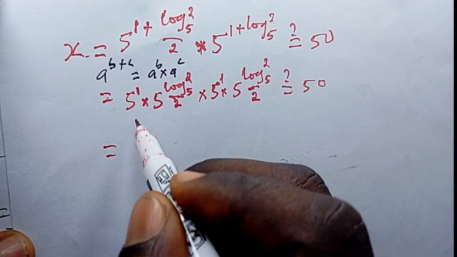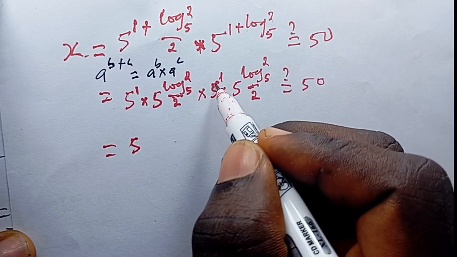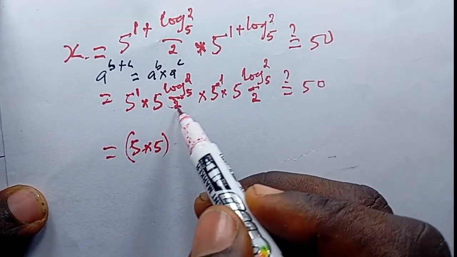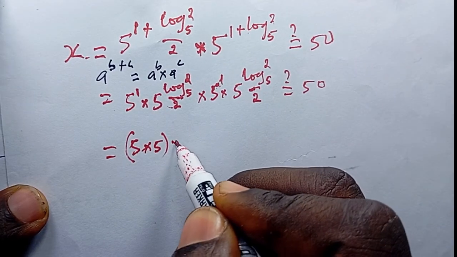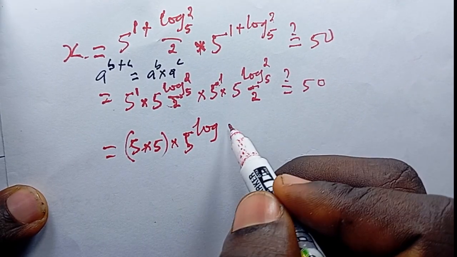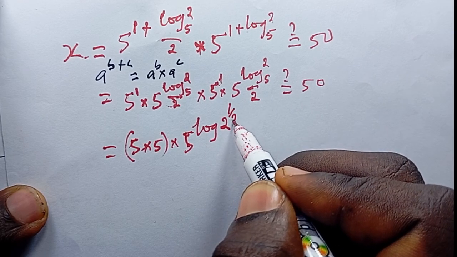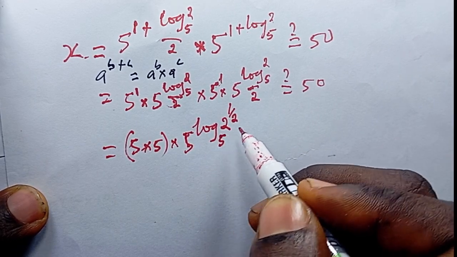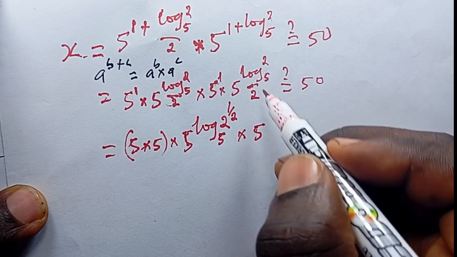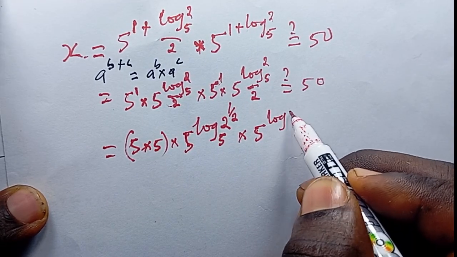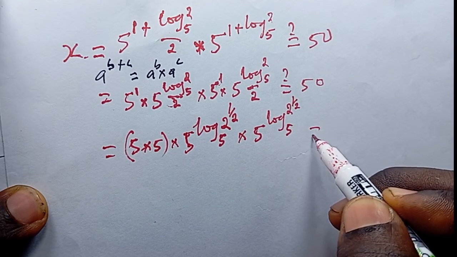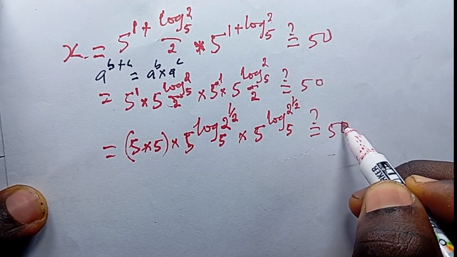Moving on, 5 power 1 is the same as 5, and this 5 also, let me write it together, 5 times 5. This other part I can also write as 5 power (log 2 power 1 over 2, base 5), and I'm going to write this one the same way. Will this be equal to 50?